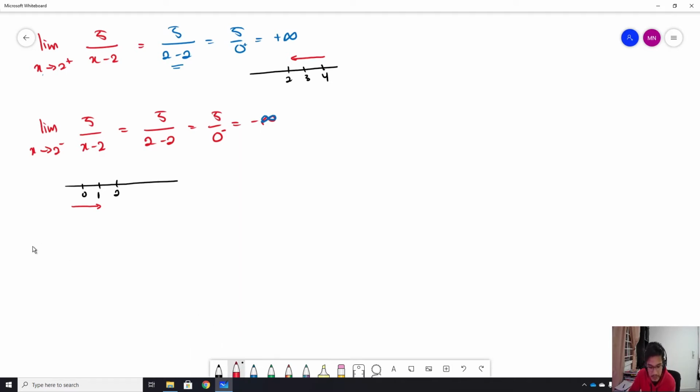Another example is to find the limit as x approaches 0 of 3x over x to the power of 3.